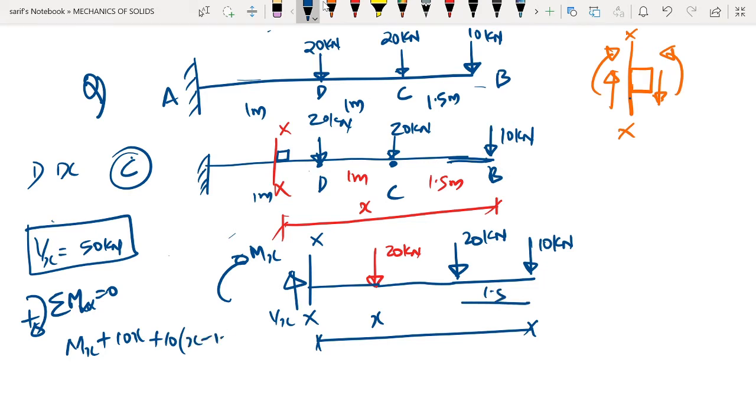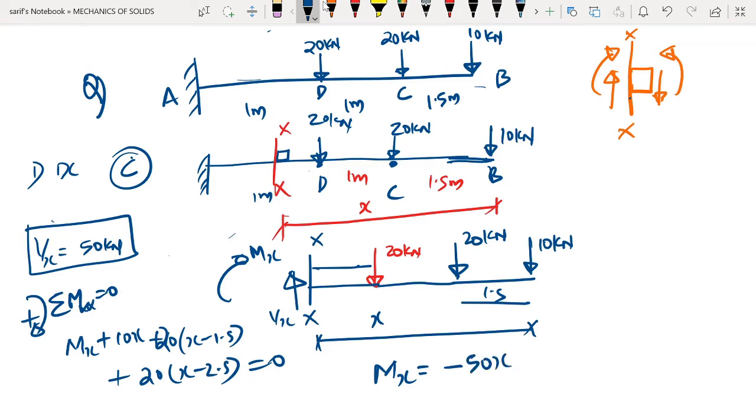Plus the next 20 kilonewton load is at a distance of x minus 2.5, so this is 20 into (x minus 2.5), equal to 0. If we rewrite and simplify this equation, we get Mx equal to minus 50x plus 80.